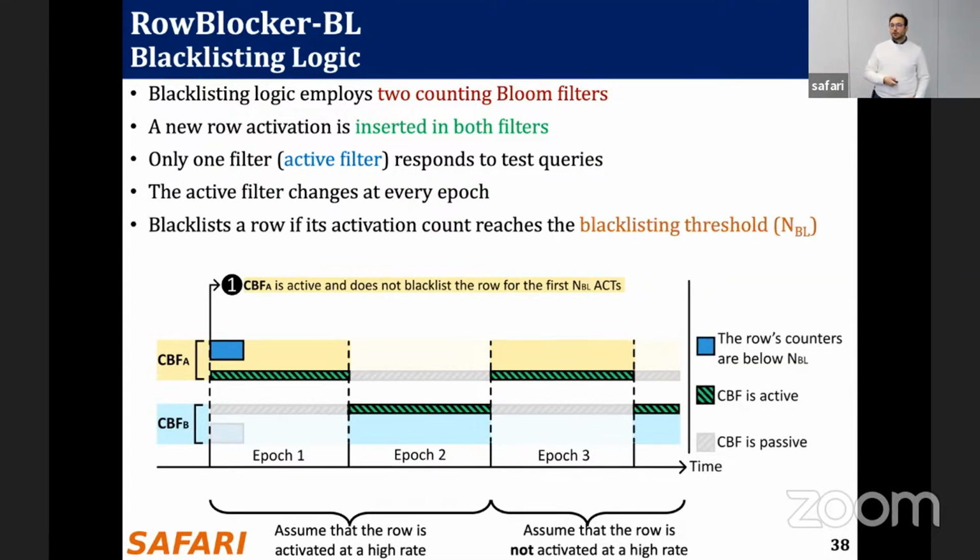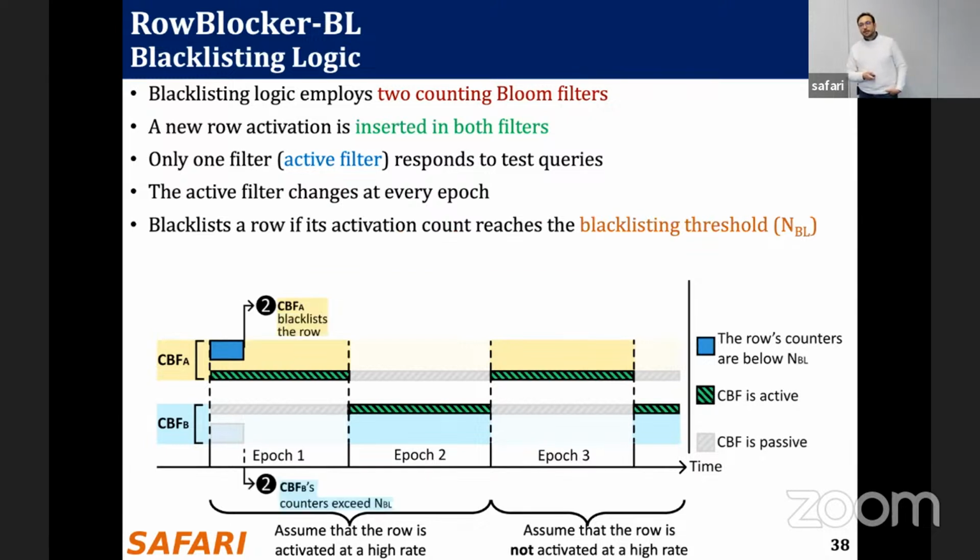This blue box means that the row's counters are below the blacklisting threshold, so we do not blacklist this row in this time window. And since the activation count of this row increases during this time window due to the high activation rate, at some point CBF-A's counters reach the blacklisting threshold and it blacklists the row.